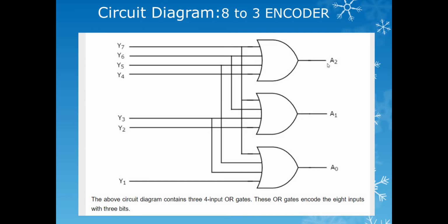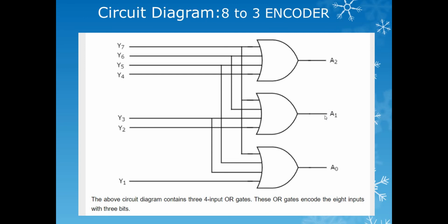When the A2 output is 1, based on the Boolean expression as well as the truth table, we have to take the input lines Y7, Y6, Y5 and Y4. These input lines are added. It will produce the Boolean expression A2.